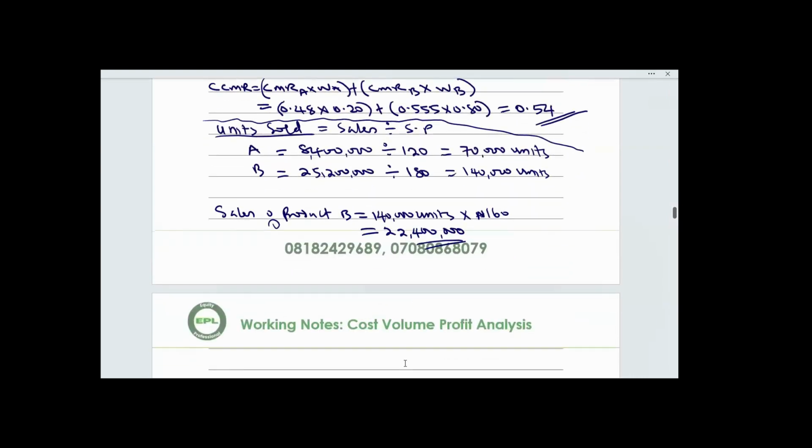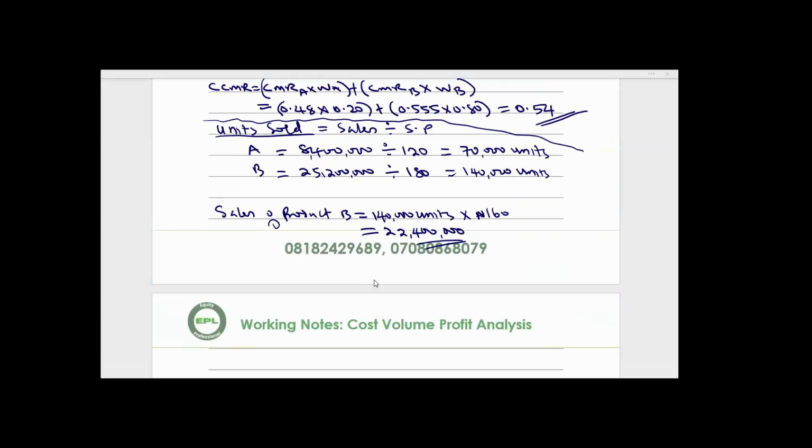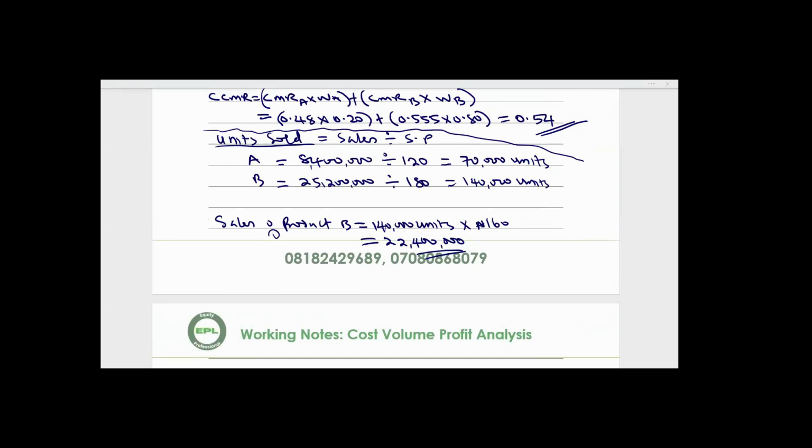That is requirement number B. In fact, this question should be more than 5 marks. It's more technical. You want to determine the sales revenue to earn an after-tax rate of return of 12%.